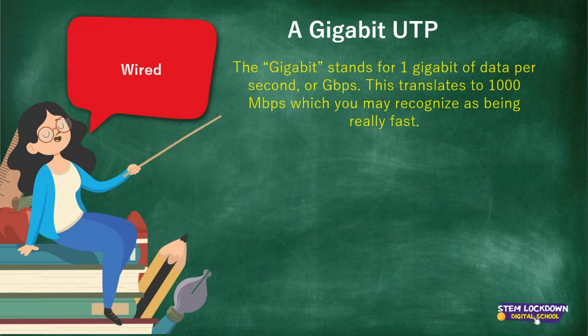Now, I need you to picture this. If you can try to imagine the speed at which this cable transmits data. Suppose you are downloading a movie. Maybe let's say you have a subscription with Netflix, or is it Showmax or Amazon Prime?